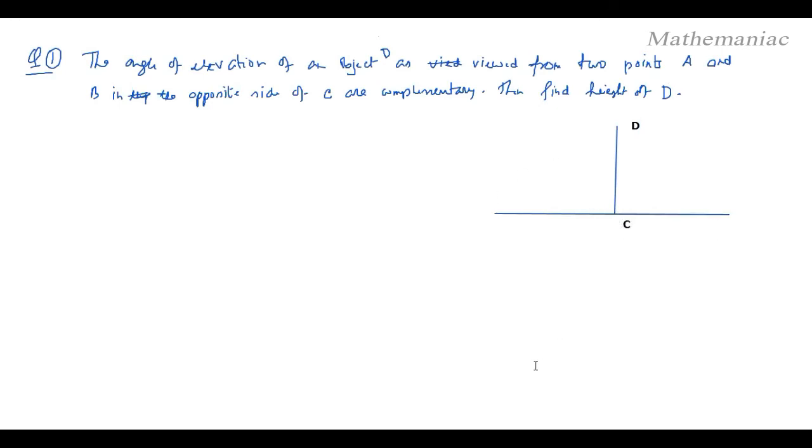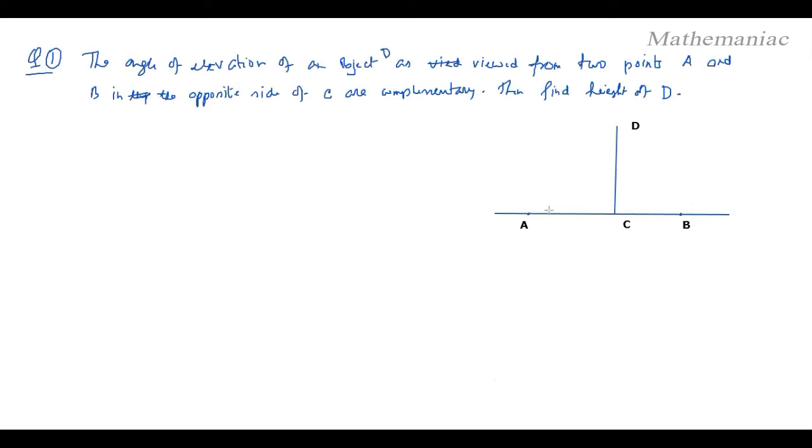Now this point D has been viewed from two different points, one A, another B. And whatever the angles of elevation are, they are complementary. So let me name the point as A, and this is B. There is one small piece of information left out that I'll write there.